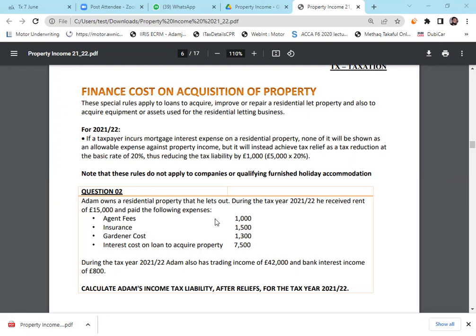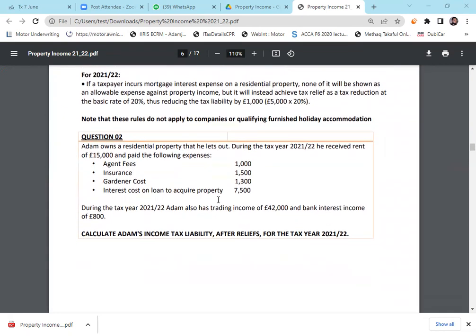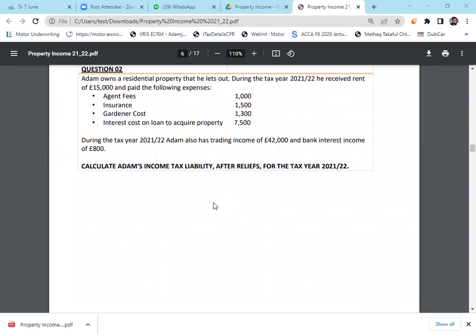So what effect it will give us, we will discuss with question number 2. Please read question number 2, Adam's. Adam owns a residential property that he lets out. During the tax year 2021 to 2022, he received rent of £15,000 and paid the following expenses: agent fees 1,000, insurance 1,500, gardener cost 1,300, interest cost on loan to acquire property 7,500.